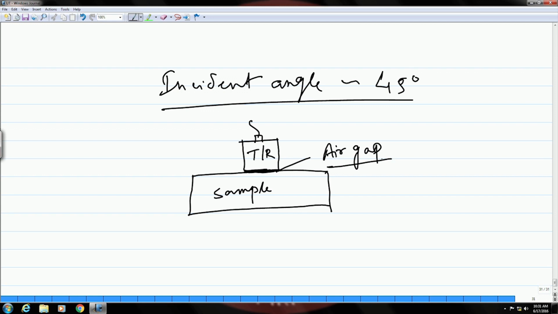And if this air gap exists, then there will be a decrease in the intensity of the waves, or there will be attenuation into the air.